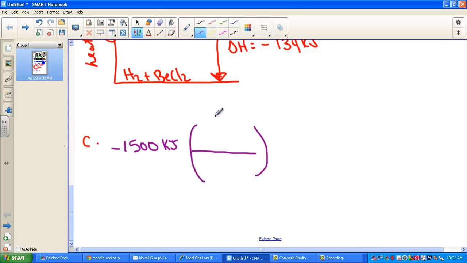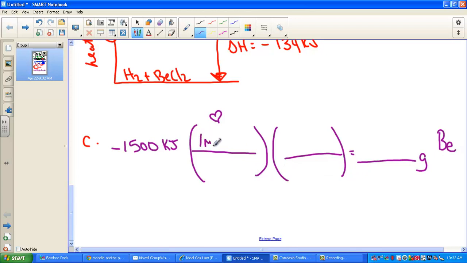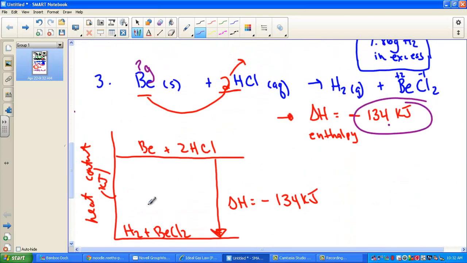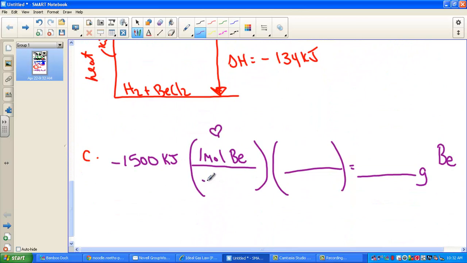This starts me right into the heart of my problem. I like to get my parentheses ready so I can see my target, which is grams of beryllium. Heart of my problem shows for every 1 mole of beryllium we use, what was that value? Negative 134 kilojoules of heat would be released.